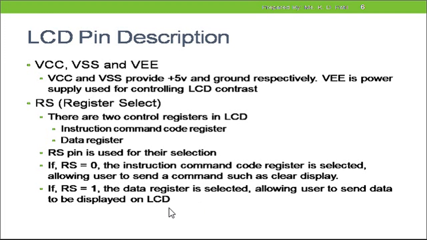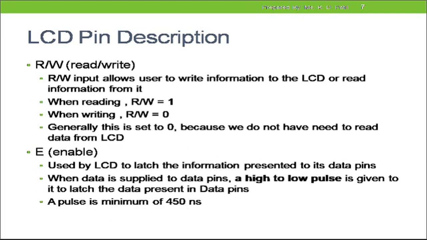For example, if I want to display Sanjeevani on the LCD, then first some commands, some instructions will be sent to the LCD, like clear the cursor or select the pattern of the LCD, and at that time the RS pin will be equal to 0. When the actual data, Sanjeevani, which I want to display on the LCD, is sent, RS is equal to 1.